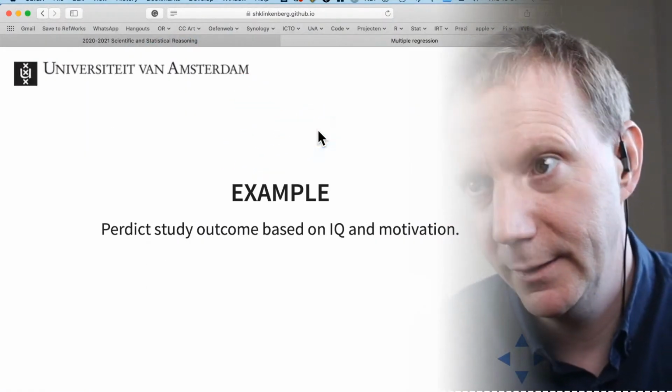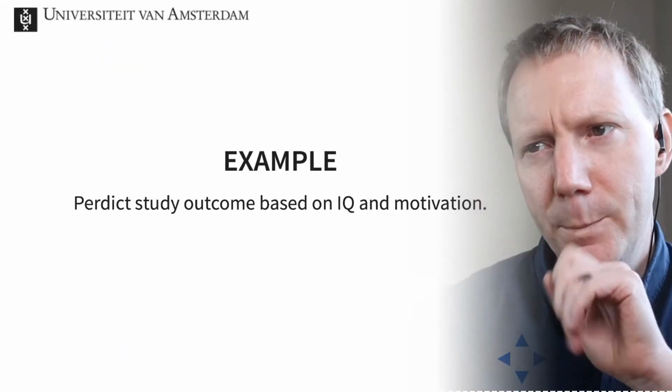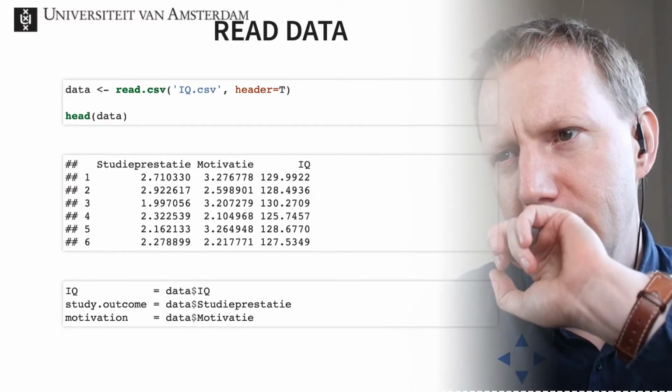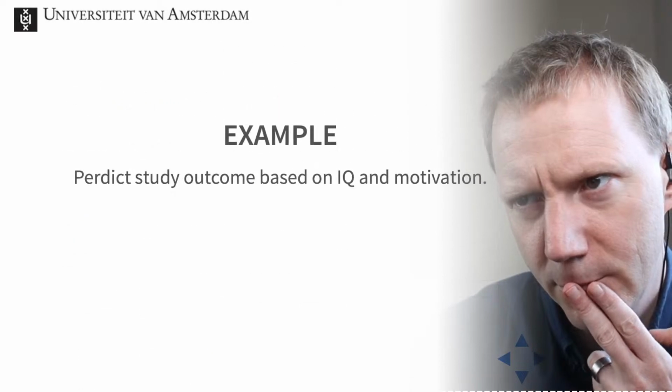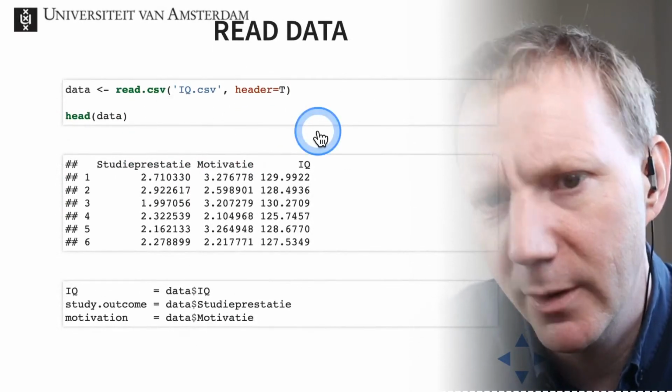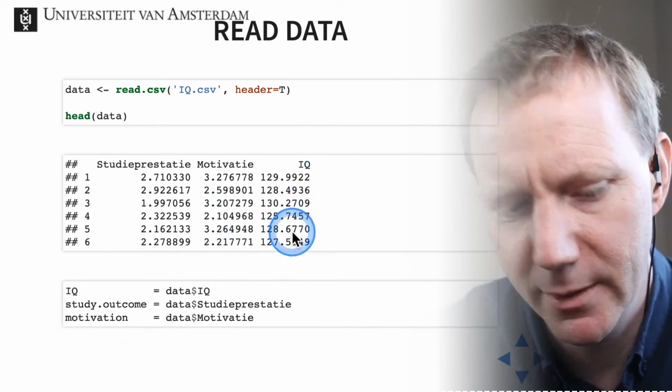So we're going back to our slides. We were in the example. So looking at our data, am I missing something? Wait a minute. I'm going to go back to SPSS for a second.